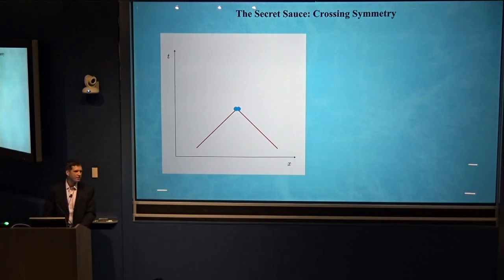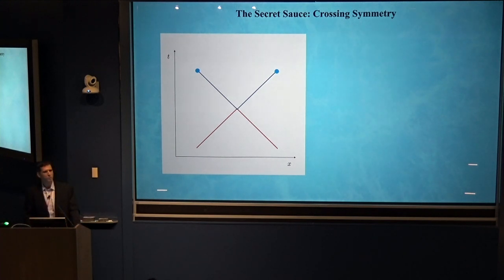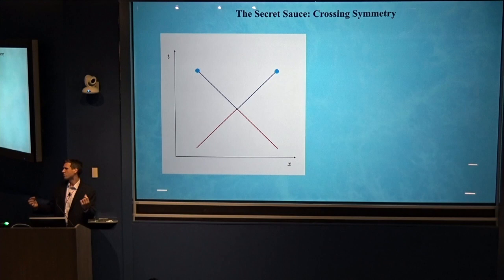I'm representing that as them turning into blue particles, just for visual purposes. So they change into some other particles, and they bounce off, and they scatter. So that's some physical process that describes two particles colliding, interacting, changing in some way, and scattering off of each other.